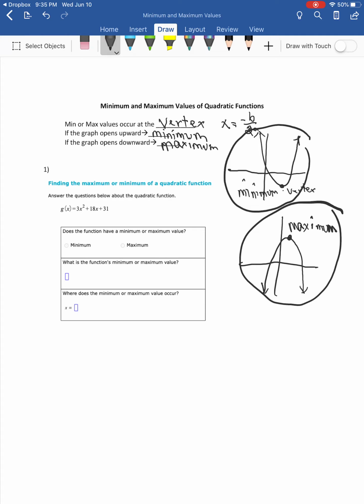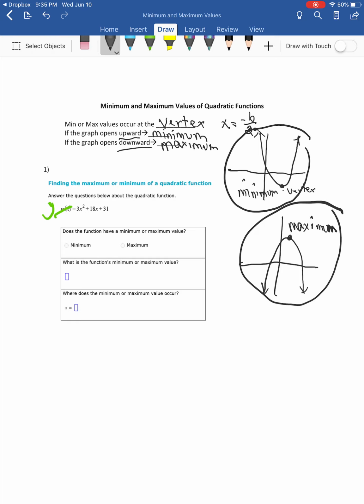So answer the questions below about the quadratic function g of x equals 3x squared plus 18x plus 31. Remember g of x, f of x, whatever, is the same thing as y. Does the function have a minimum or maximum value? Well, in order to answer that, we have to know, does it open upward or downward?